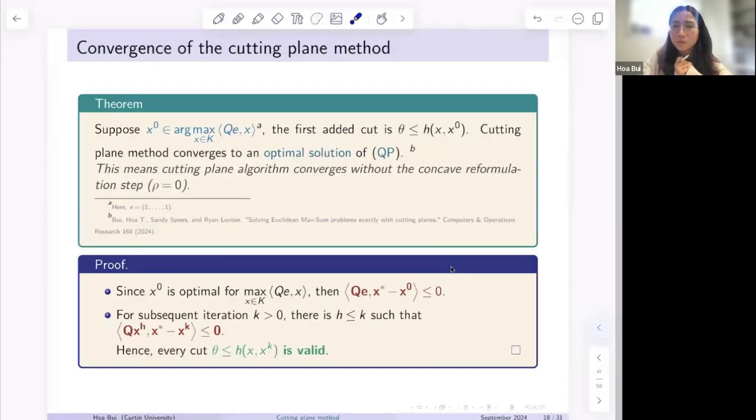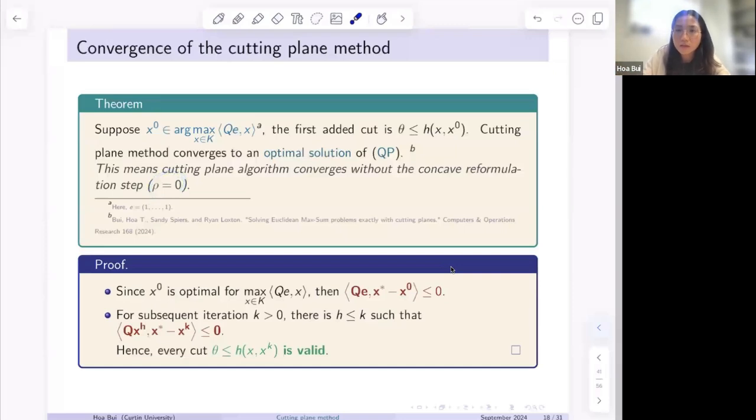So from here, we can prove that the cutting plane algorithm for this model converges without a concavity assumption on the objective function, meaning that we can choose rho equals 0. So instead of choosing rho as the largest eigenvalue of Q, which is very large, we choose rho equals 0.